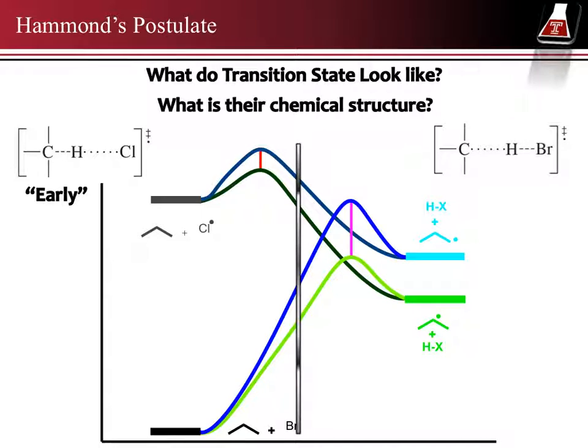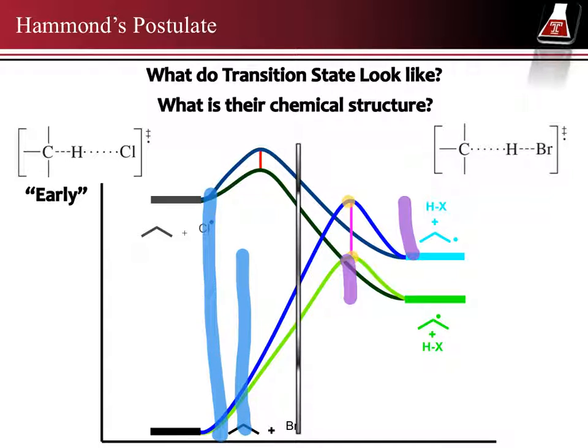For the bromination step, the same thing applies. We have our transition states here and here. In this case, what are these transition states closer to? The energy difference between this and this is significantly smaller than the energy difference between this and this.